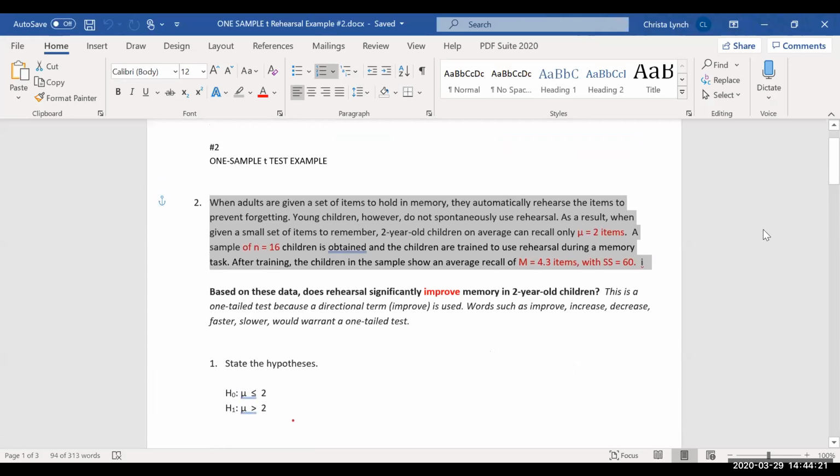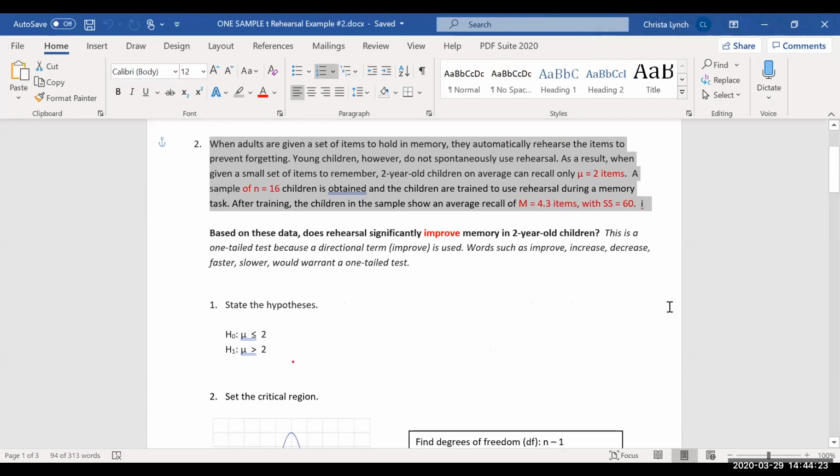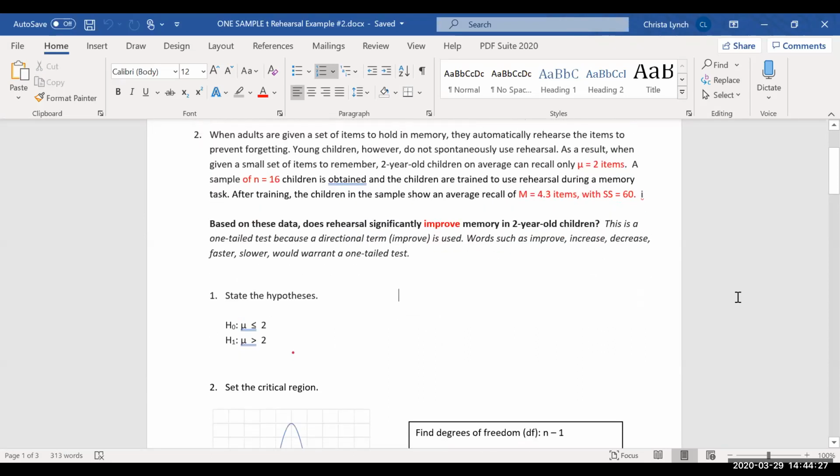Okay, so this is what your scenario is. So when adults are given a set of items to hold in memory, they automatically rehearse the items to prevent forgetting. Young children, however, do not spontaneously use rehearsal.